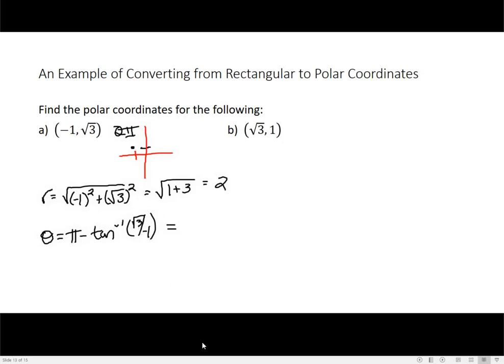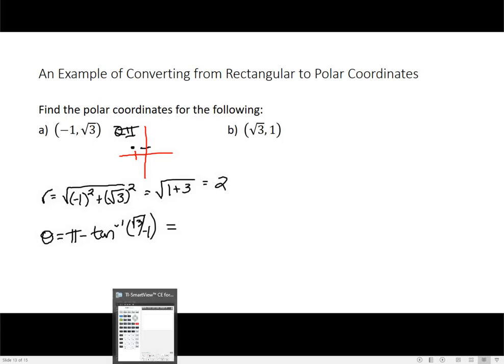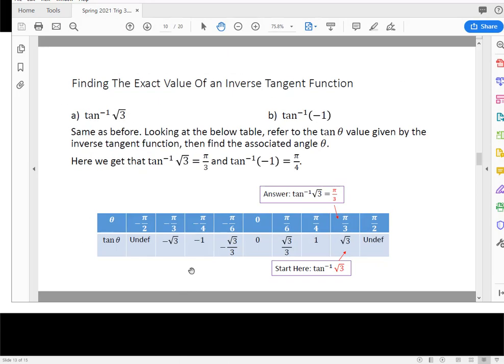I am going to pull up a table of values from 3.1, which has some inverse trig for us for tangent. Notice if we use the negative root 3, we're going to get a negative angle, and that's not going to be very helpful to us in this situation. Because we need a quadrant 2 angle, notice that tangent inverse is positive root 3 in quadrant 1 at pi thirds.